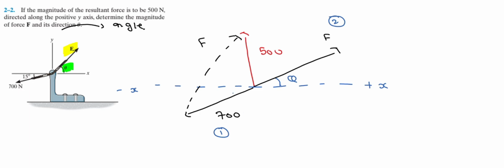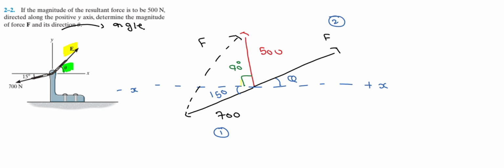The question says that 700 Newton makes an angle of 15 degrees with the negative x-axis, and we know that the angle between any two axes, let's suppose x and y, y and z, and x and z, is nothing but 90 degrees. So the angle between 500 Newton, because 500 Newton is acting along the positive y-axis, and the negative x-axis is 90 degrees.